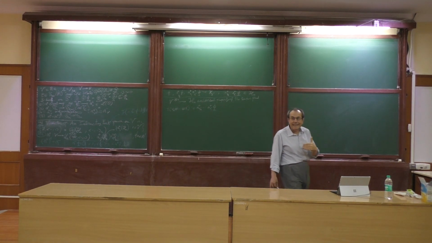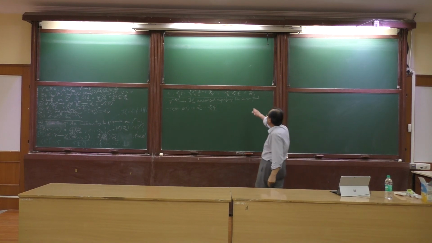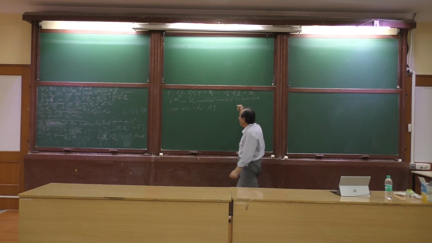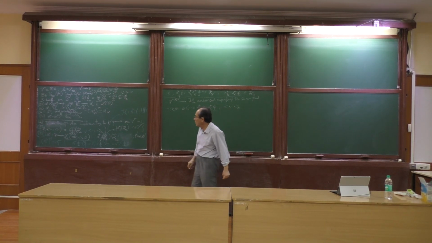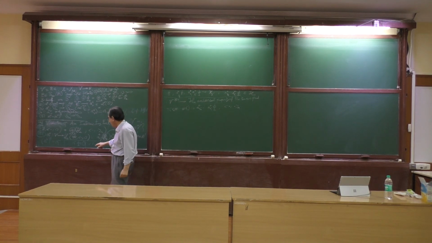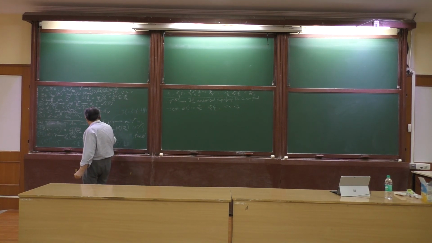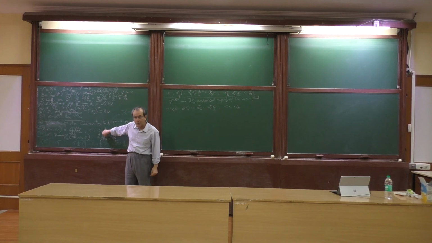Now, since on Hn there is a scalar product, which is what we call the scalar product dependent on n, okay?